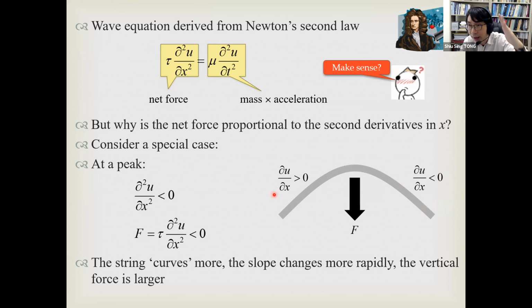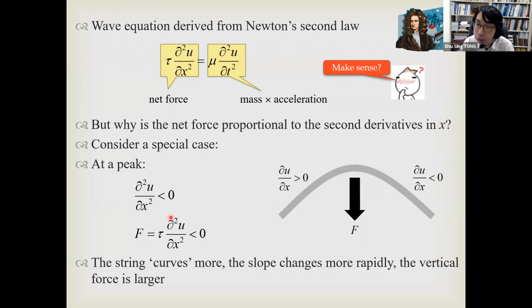The slope is decreasing, right? At the peak. So that's why the second derivative of u is negative. And the second derivative being negative means the net force will be in a downward direction. It will be pulling this peak of the string back to the equilibrium position.